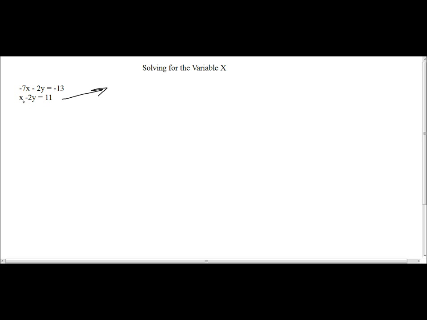As I look at this, I see x minus 2y. So what do I need to do? I need to add 2y to eliminate it on the left and then put it on the right. So here's the way that looks. We have x minus 2y, then we're going to add 2y because it's a negative, plus 2y is equal to, and notice how I'm doing this, I'm not going to put it to the back, I'm going to put it to the front, 2y plus 11.